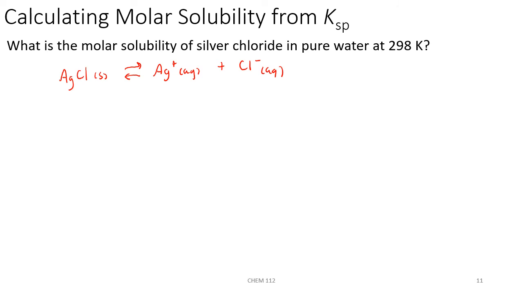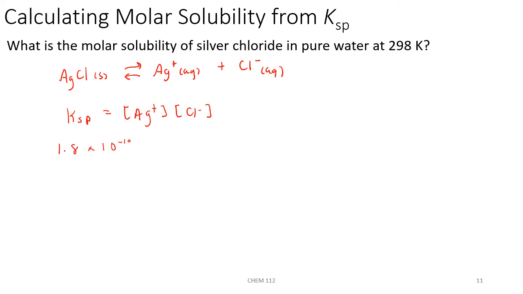We can look up what the KSP of solid silver chloride is off of our KSP chart. Our equilibrium expression would be KSP equals the concentration of silver ions times the concentration of chloride anions. The KSP for silver chloride is 1.8 times 10 to the negative 10th.